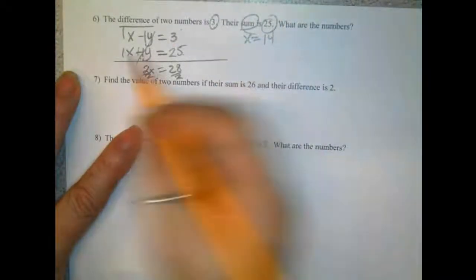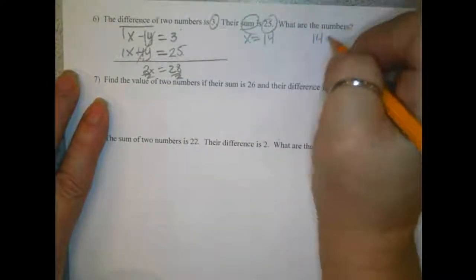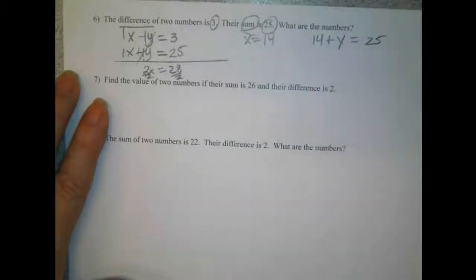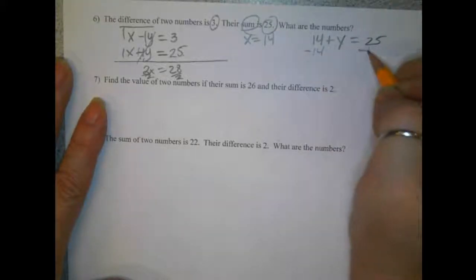Okay, so now I'm going to substitute it into my equation here. x is 14, plus y is equal to 25. I picked the bottom one this time. Doesn't matter which one you pick, guys. That's why I picked a different one. It's whatever works. Your answer is going to be the same. So I'm going to go ahead and subtract 14 from both sides.